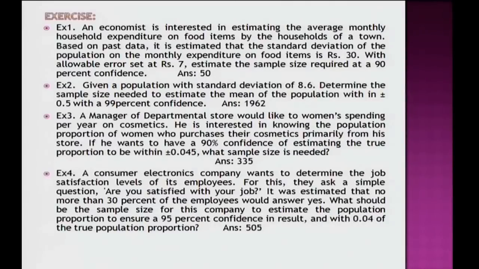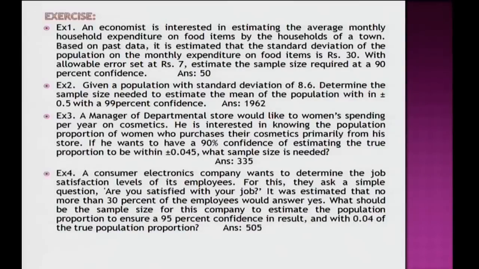And then say if we take another question, question 4 here. A consumer electronics company wants to determine the job satisfaction level of its employees. For this, they ask a sample question, are you satisfied with your job? It was estimated that no more than 30% of the employees would answer yes, right. So, they are not talking about any average, they are only talking about certain characteristic of people who answered yes.